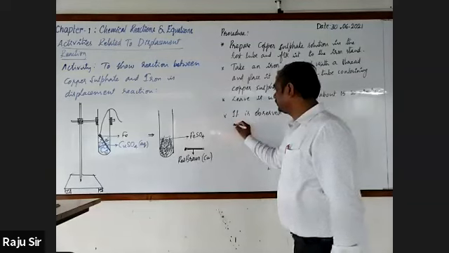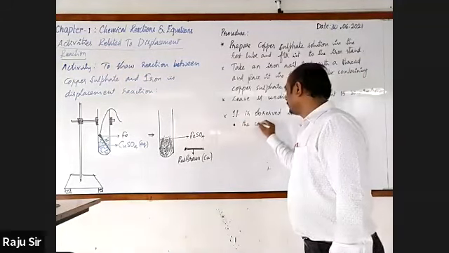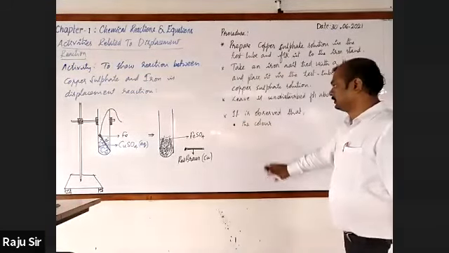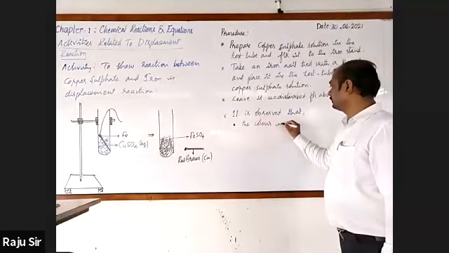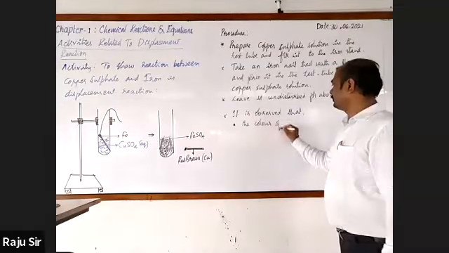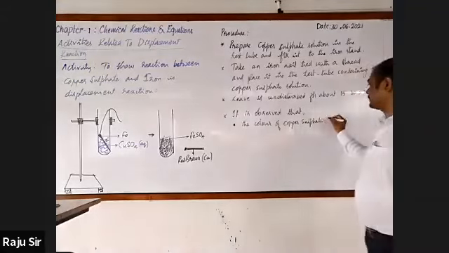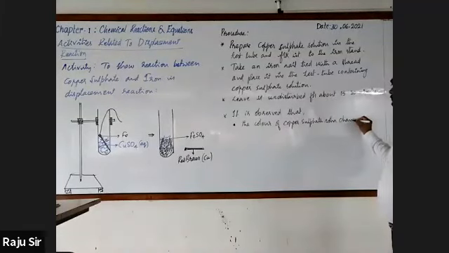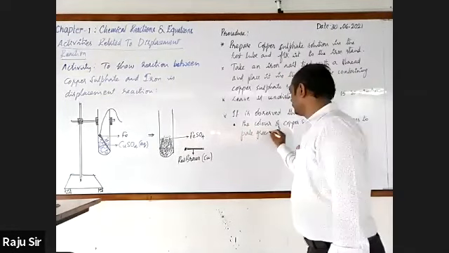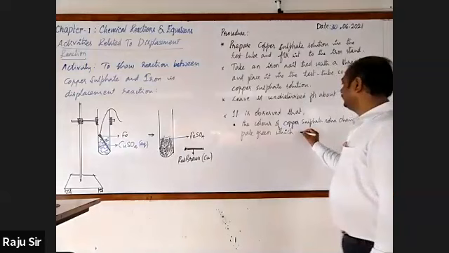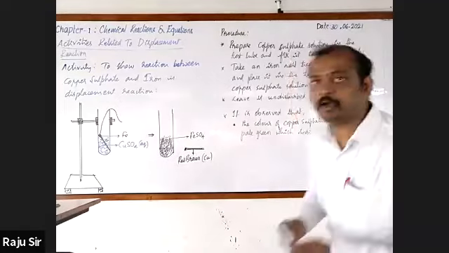Okay, right. I can write the observation one by one. First one: the color of copper sulfate solution changes to pale green, which indicates iron sulfate is formed.